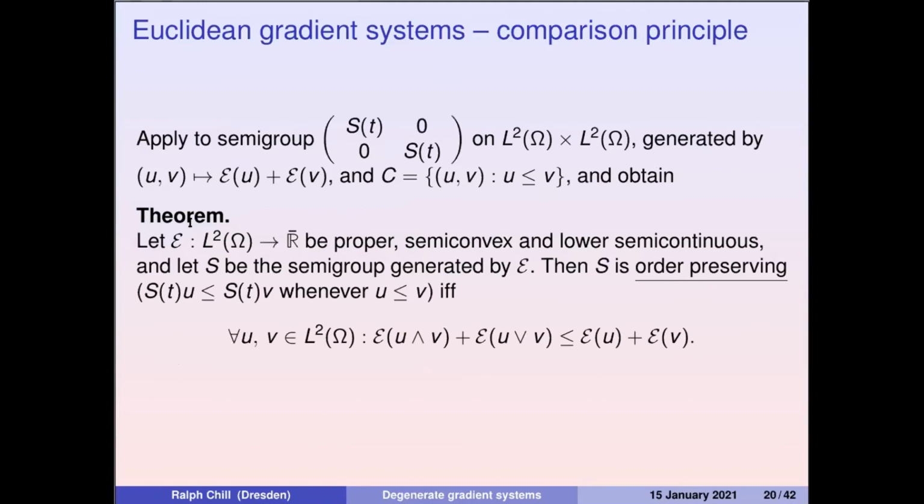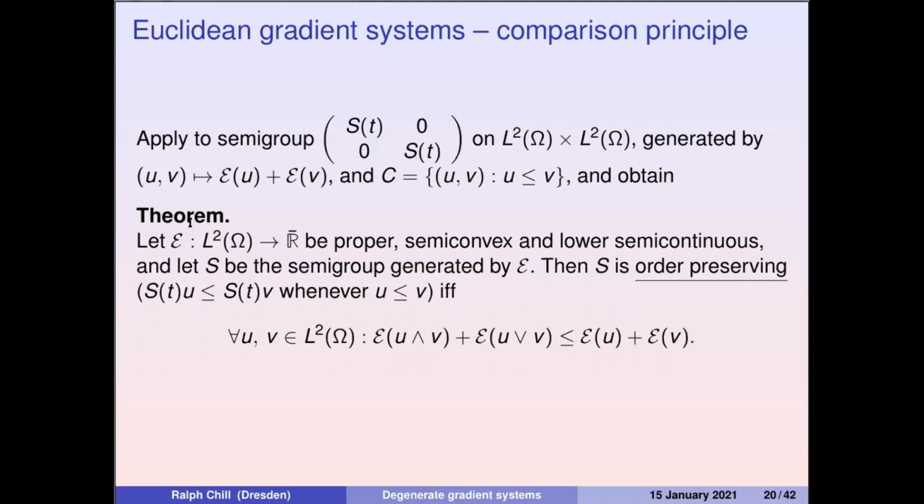And in this way, just by considering a diagonal semigroup on a product space, you can also characterize that a semigroup is order preserving, and this means that a comparison principle holds. That's a stronger property in general than positivity, that you also have a comparison principle.